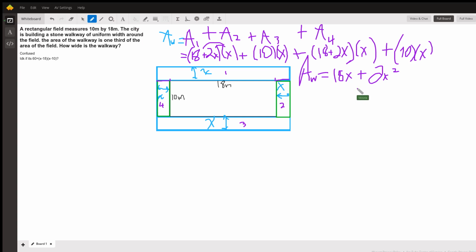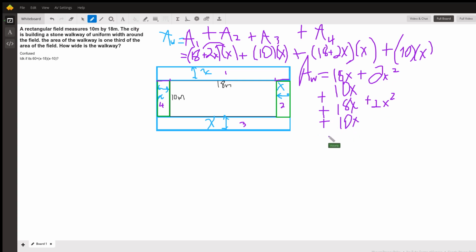And then area 2 simplified is 10x. I'm going to line up all my x's and my x squareds. Then area 3 simplified is 18x plus 2x squared. And area 4 simplified is another 10x.